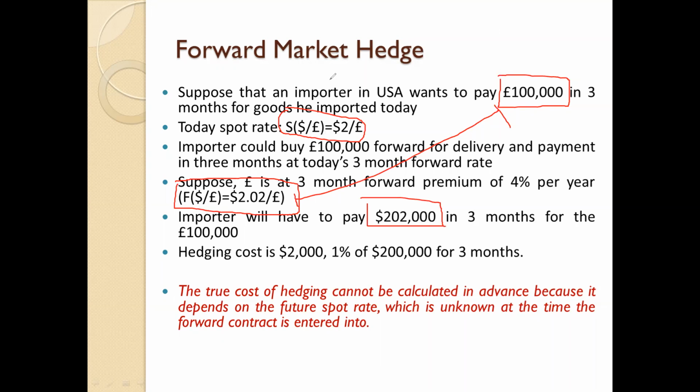Right? So if we compare with today's rate, that means the spot rate, එයාට ගෙවන්න තිබුණේ $200,000නේ. But with the risk of exchange rate fluctuation, we don't know what will happen in 3 months. Therefore, it is better to manage that foreign exchange fluctuation.